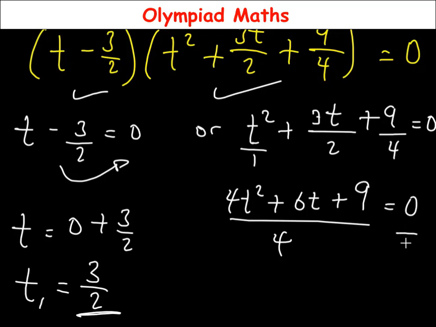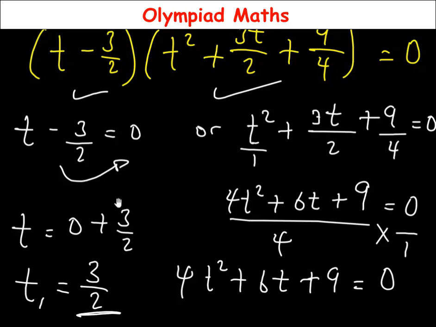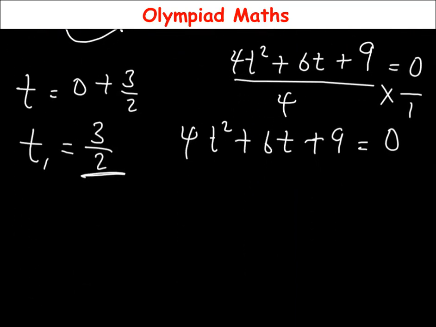And this can be written as over 1, such that we can then multiply: 4t squared plus 6t plus 9 is equal to 0 times 4, which is 0. Now looking at this, what we have is a quadratic equation.